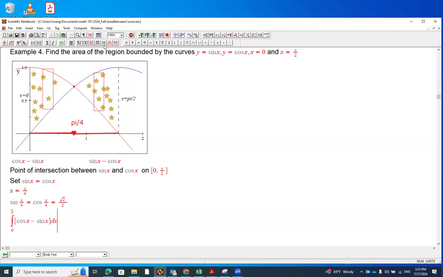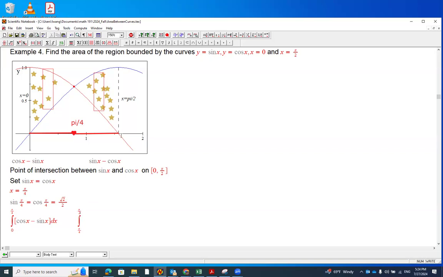On the other piece, it's still integration with respect to x, but this time from pi over 4 to pi over 2.